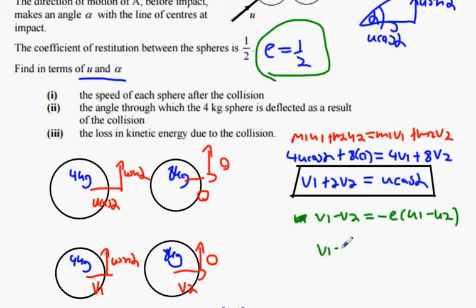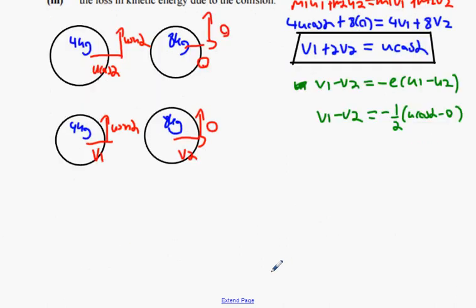So V1 minus V2 equals minus E, which is minus a half, into U cos alpha, U cos alpha minus 0. So we're going to get, I'm going to multiply both sides by 2. So we're going to get 2V1 minus 2V2 ends up to be minus U cos alpha.